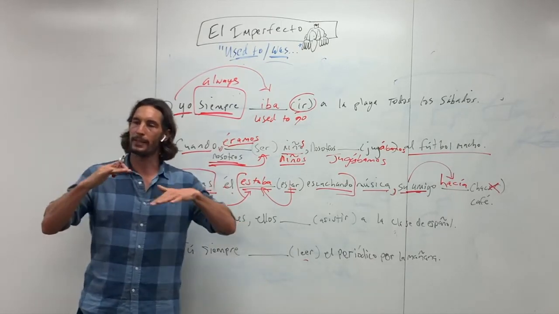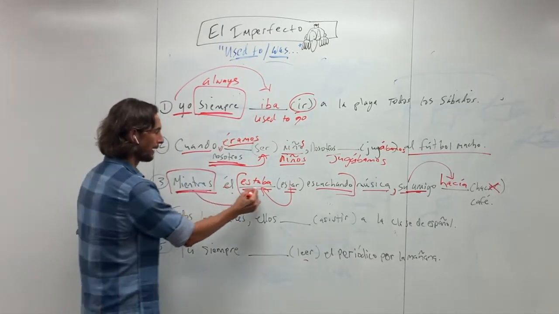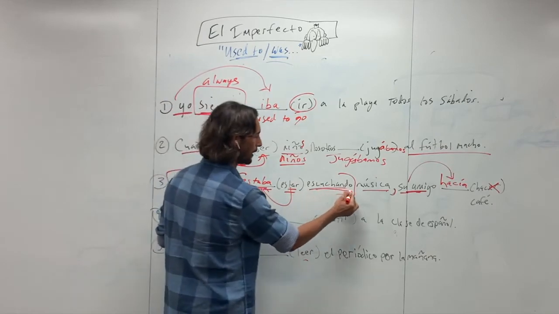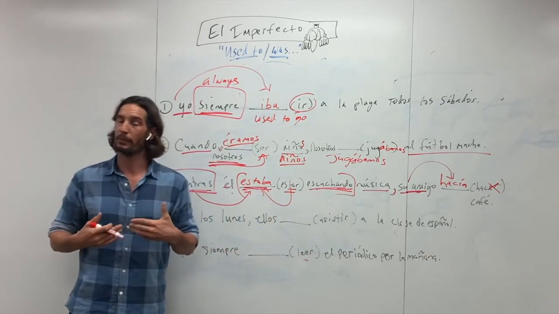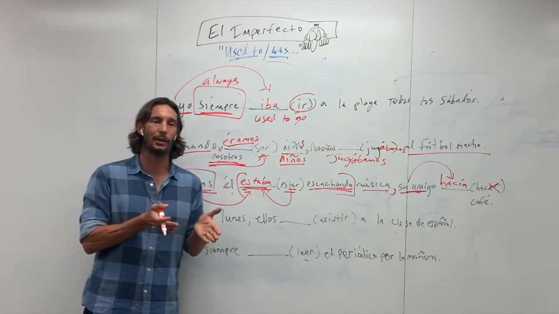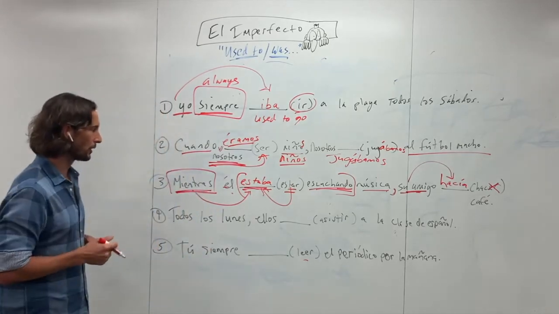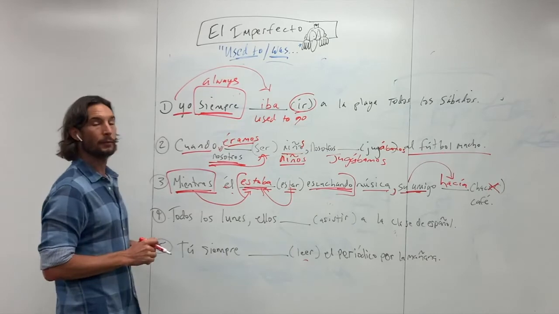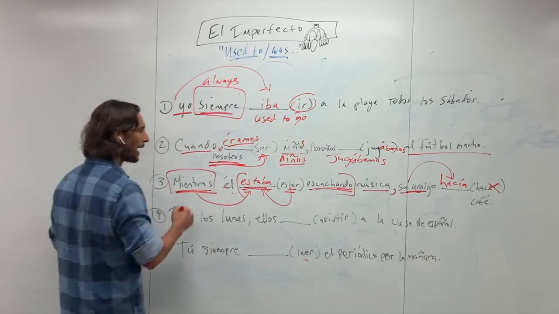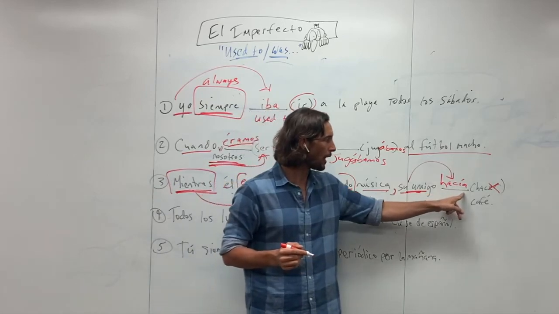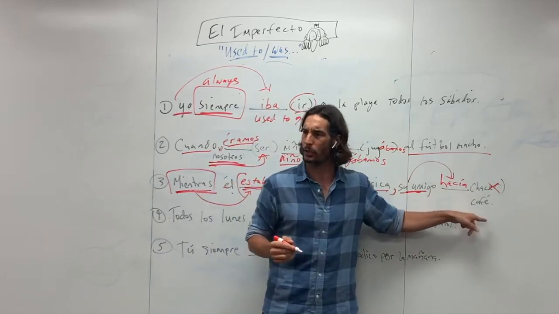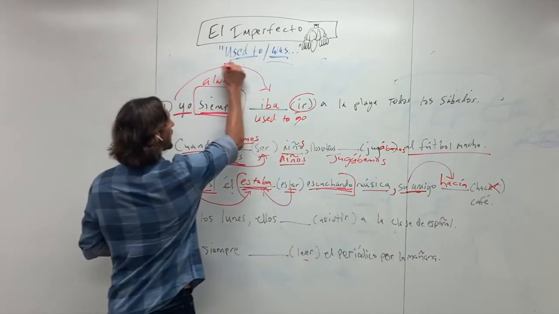They're just going on simultaneously in the past. And so we have here estaba escuchando. Notice it's escuchando because the infinitive is escuchar, so we add ando for the AR. And then we have hacía, of course, at the end. And so while he was listening to music, his friend was making coffee. And notice that translation, and that's why I kept that up here.